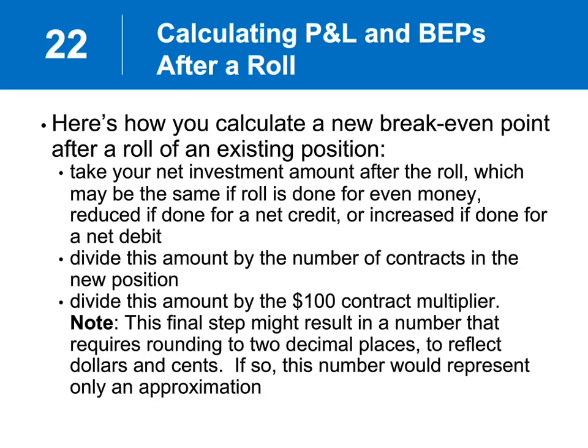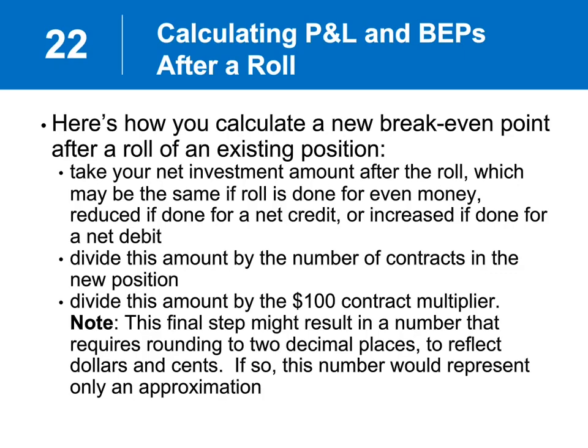We are going to divide that amount by the number of contracts in the new position. And then we're going to divide that number by the 100 multiplier that comes with options. And from there, we subtract that number from the new strike.